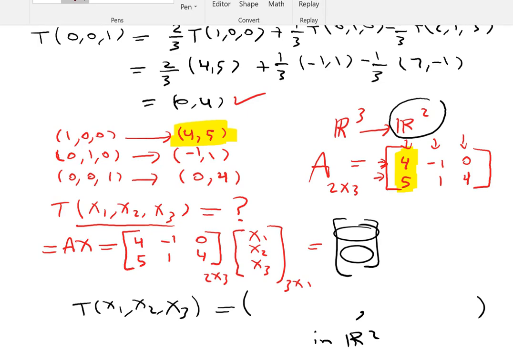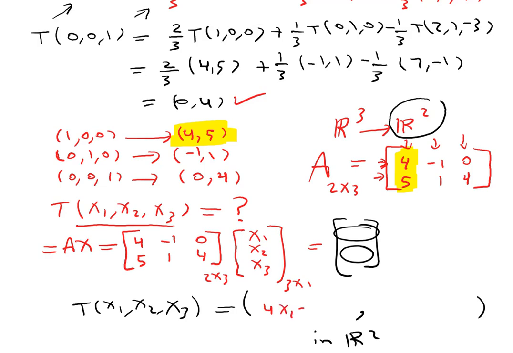Row 1 times column 1, and that's 4 x1 minus x2, and row 2 times column 1 will give me 5 x1 plus x2 plus 4 x3. And now that should be the end of it.